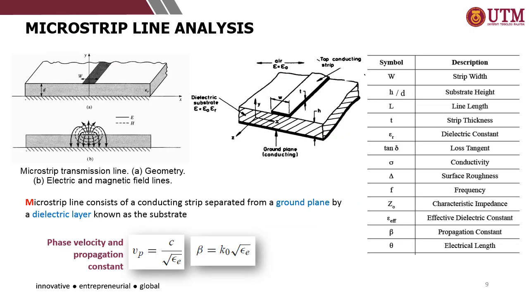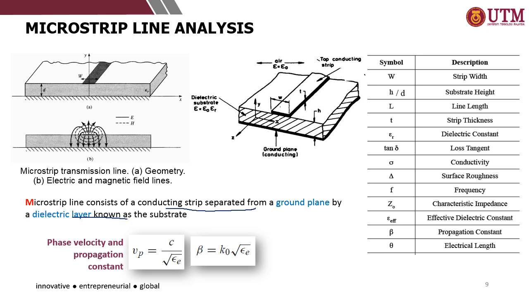For microstrip line analysis, please make sure you know the difference between the structures, how the microstrip and the strip line look like. The strip line is sandwiched in between two ground planes, while the microstrip basically consists of a conducting strip separated from a ground plane by a dielectric material.